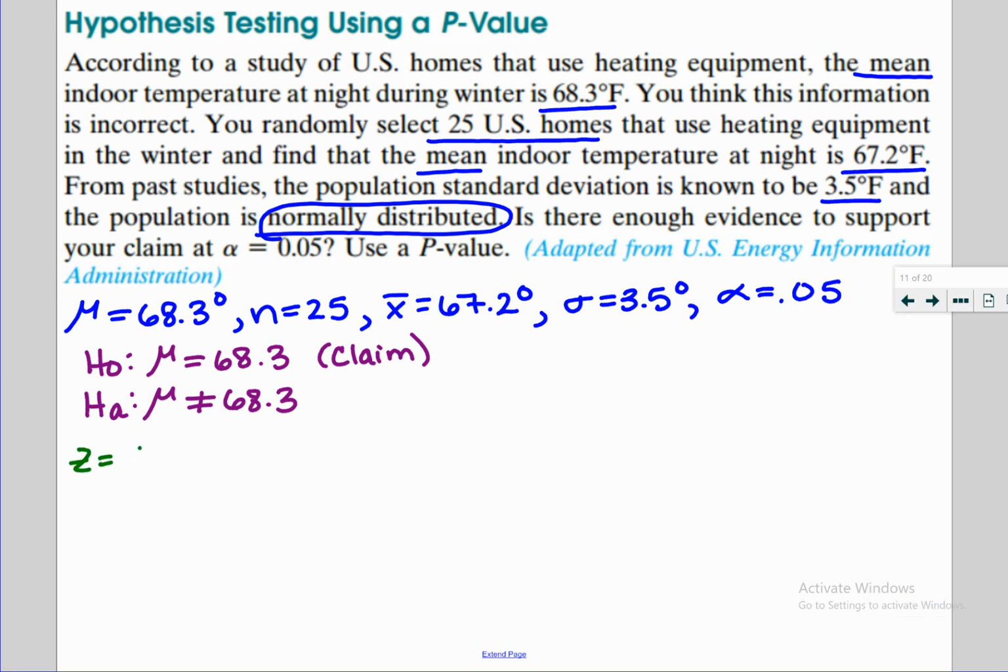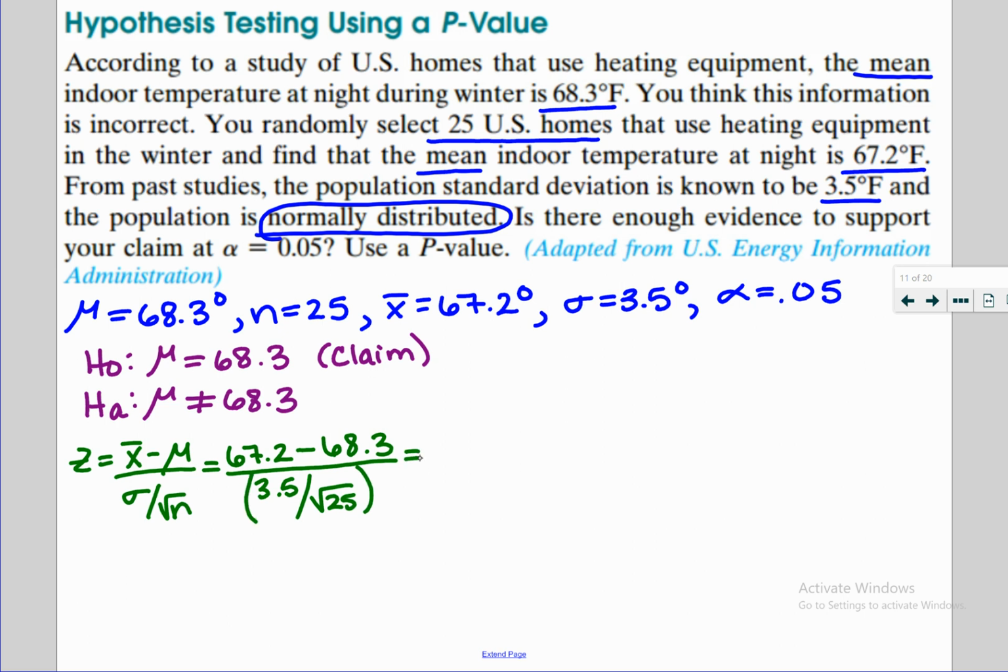Okay, next I need to find my z-score. Okay, so again, z is x bar minus mean divided by standard deviation over square root of n. And we've labeled all those things. Let's fill them in. 67.2 minus 68.3, always the sample minus the population on the top there. Standard deviation, 3.5 over the square root of n, square root of 25.